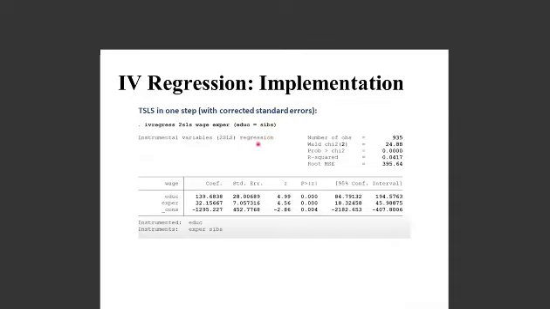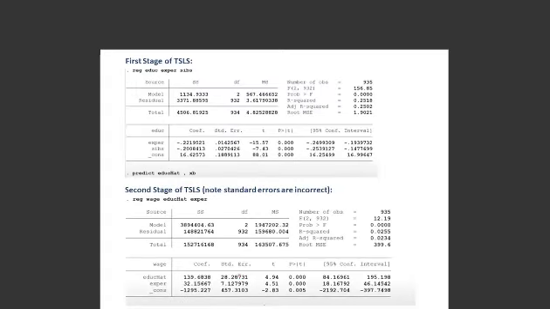So this is how you would specify the command, and then you would get a coefficient on the education variable, which is the exact same coefficient that we got when we conducted two separate OLS estimations. However, the standard errors are slightly different when we do it using this command in one step. So the standard error here is 28.0, and here the standard error was 28.28, but the coefficient is exactly the same.